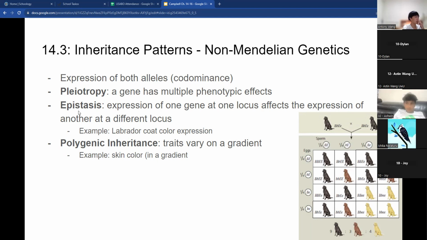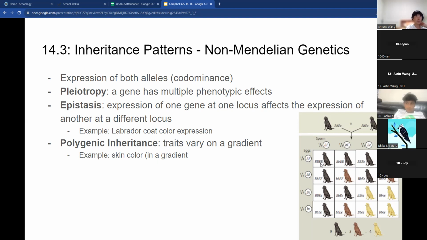A second example is epistasis. Epistasis is where the expression of one gene at one locus affects the expression of another gene at a different locus. In the bottom right here, you see a cross between two black Labradors. In this case, we're talking about two different genes. The B determines coat color. The E determines whether or not the Labrador produces pigment.